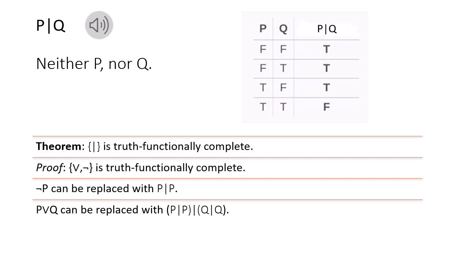And the proof is basically done for you here, but what I would like to see in your proof is the truth tables for P stroke P and P stroke P stroked with Q stroke Q, verifying that they are tautologically equivalent to the negation of P and P or Q, because that's the only piece that would be missing here from a complete proof that this connective is truth functionally complete.